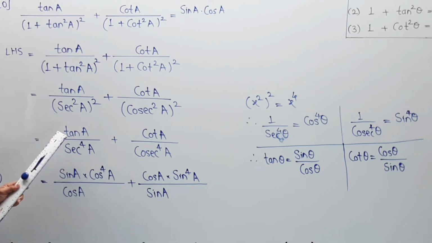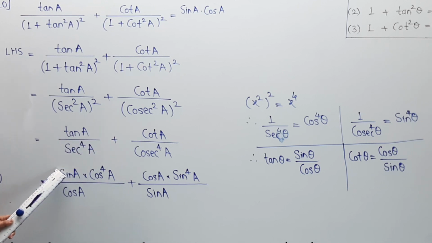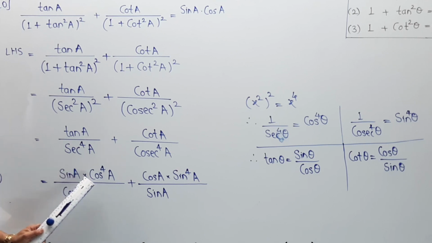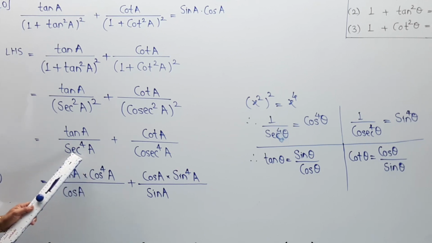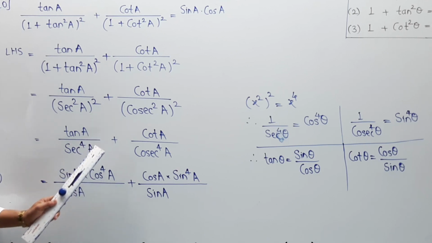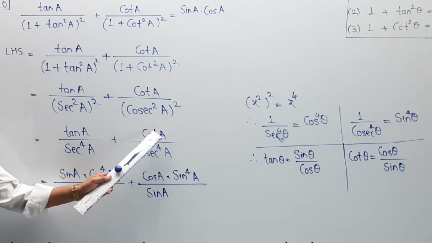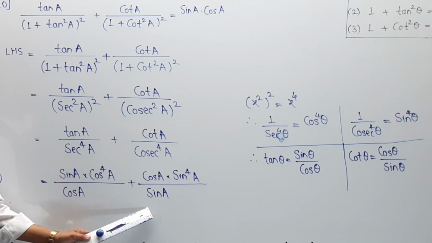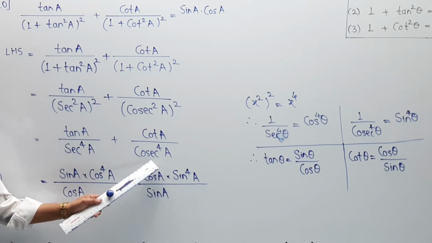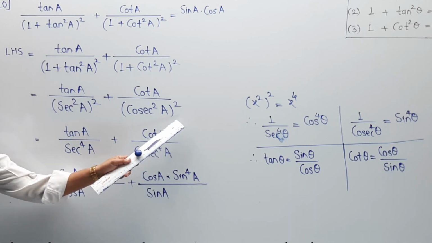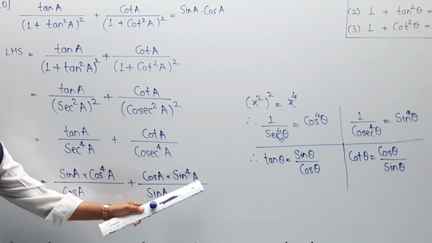Once again, tan A is represented as sin A upon cos A. This upon sec raised to 4A is shifted to the numerator as cos raised to 4A, plus cot A is replaced by cos A upon sin A, and cosec raised to 4A is shifted to the numerator and becomes sin raised to 4A.